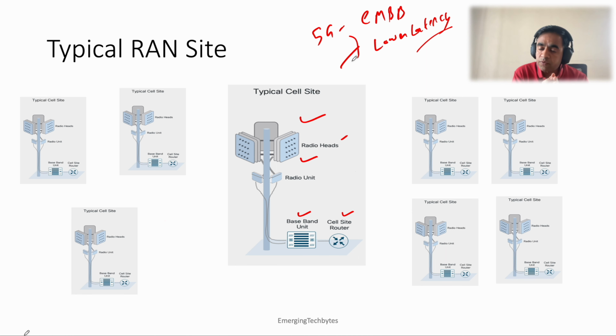But think from the provider's perspective: deploying these multiple sites in the current form is very expensive for them. Can we do some sort of optimization here that can bring down some cost and deliver an efficient RAN architecture for our service providers?